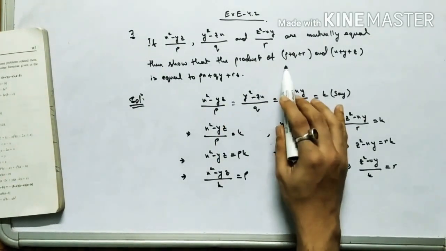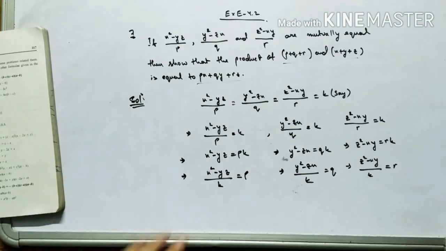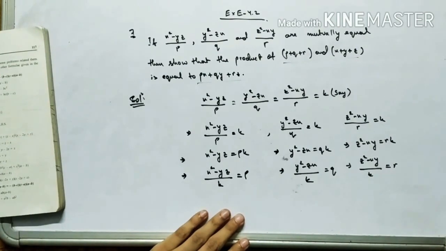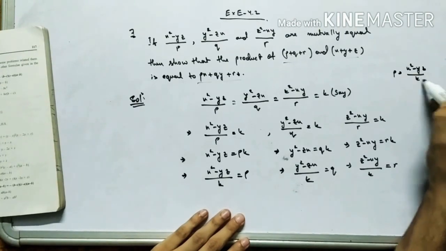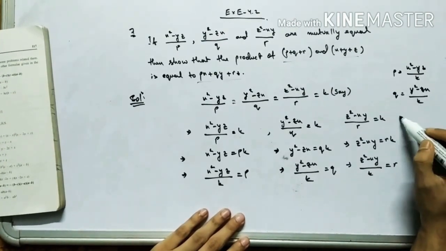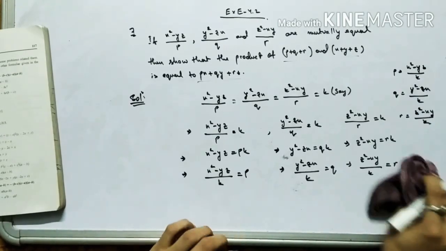I have to show that the product of this is equal to this. So I have the p, q, r values. Let me write them here: p is equal to (x square minus yz) by k, q is equal to (y square minus zx) by k, and r is equal to (z square minus xy) by k.